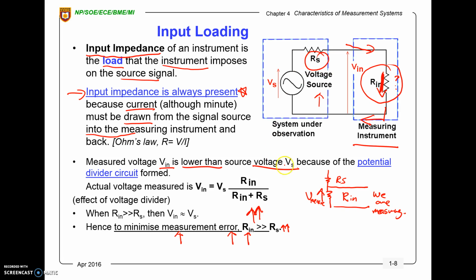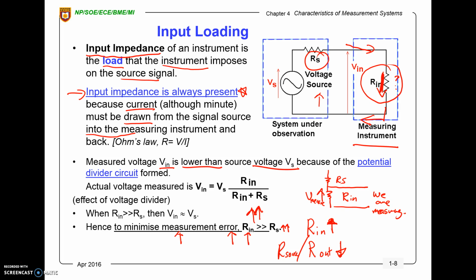So what we want is your R in to be very high, and your R out from your other system has to be lower. Your R out, or your RS source for that matter. So this is very important. That will be part of your exercise later on.